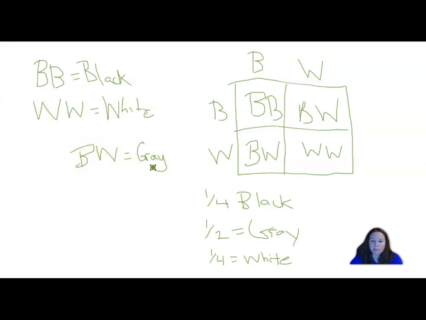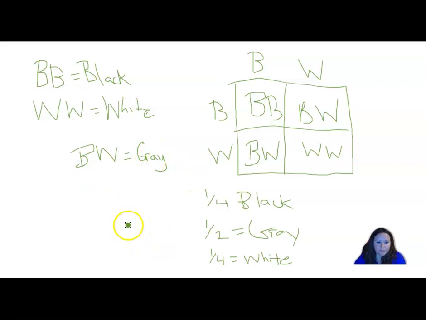Again, it can be confusing if you do it that way, but I've seen people do the problems that way. But again, I prefer, since neither allele is dominant over the other, that each allele gets their deserved capital letter. And then your heterozygotes are easy to see, BW, and you know that you're going to get this different situation, this blending situation where they are gray.